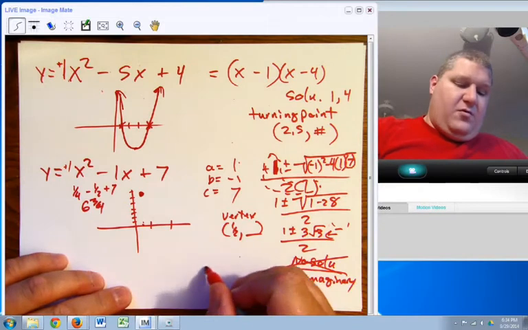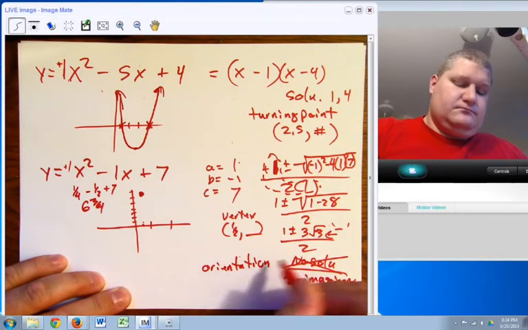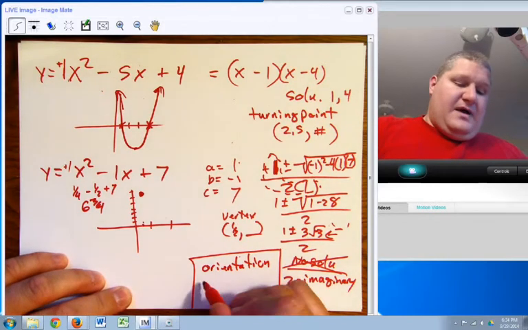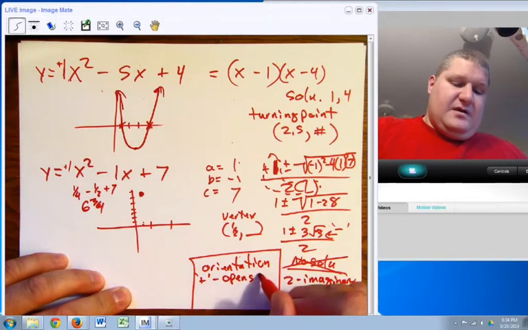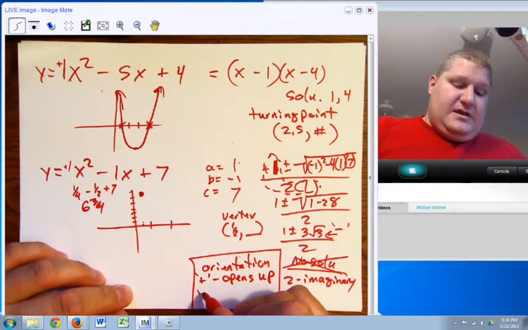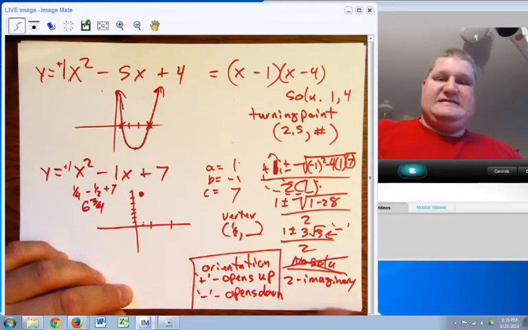So for orientation, positive means opens up, or at least opens in standard direction. Negative, of course, means opens down, or in non-standard direction.